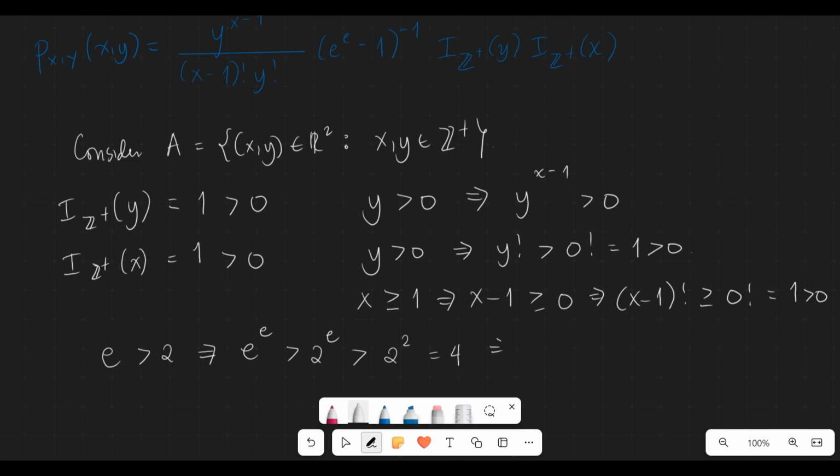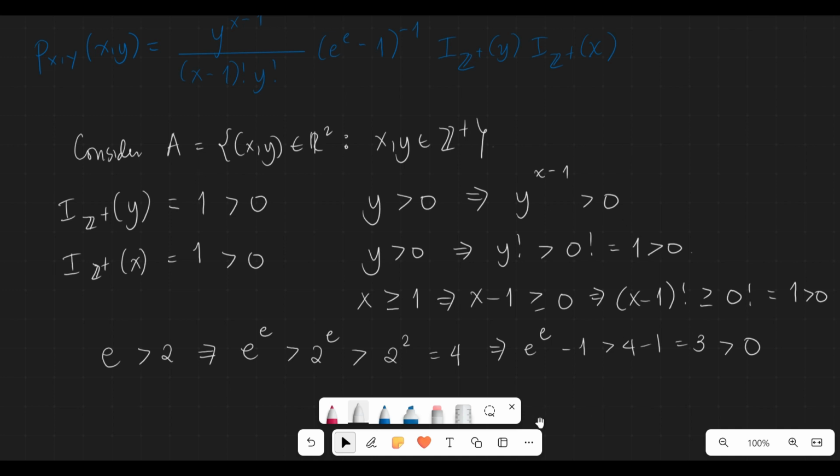And that implies that e raised to e minus 1 is greater than 4 minus 1, which is equal to 3, which is obviously greater than 0. So now, since we have shown that all of the factors right here will be greater than 0 for all points belonging in this countable collection, then we have shown that the first property of the joint PMF is satisfied.